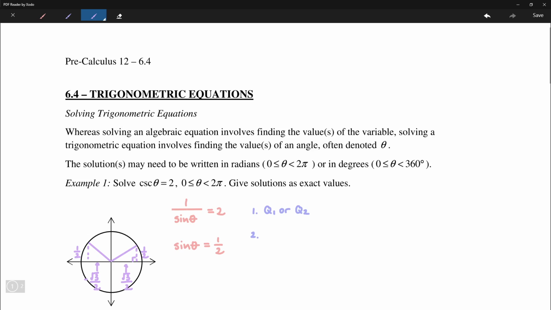Okay. That's just a bit of added detail. What we really needed was the reference angle, which, of course, in both cases is going to be pi over 6, or 30 degrees if we were working in degrees.